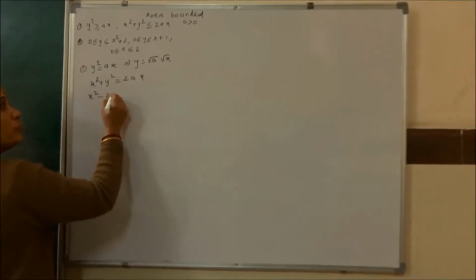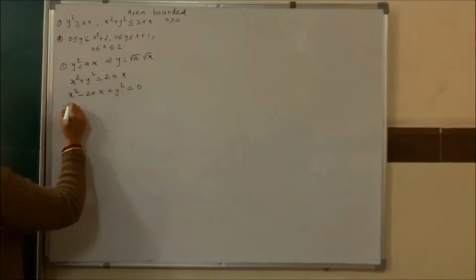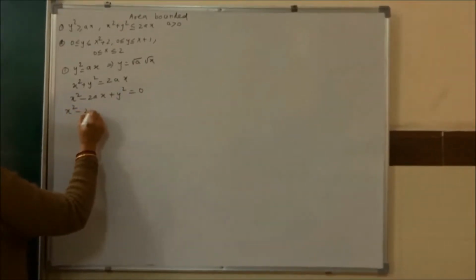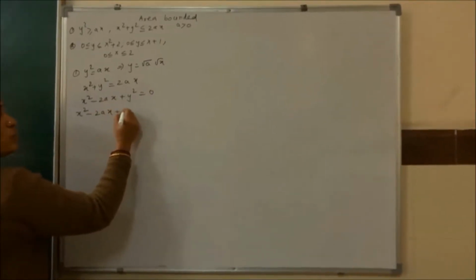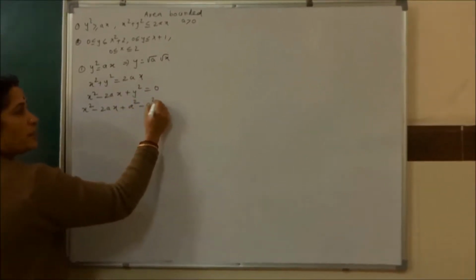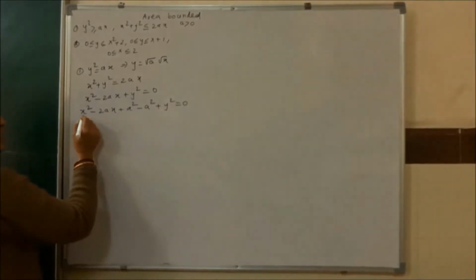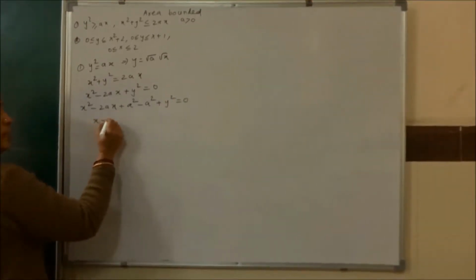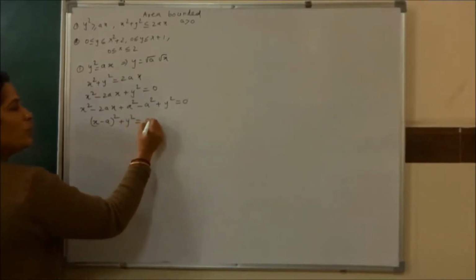So what you have to do is make it a perfect square. That is completion of square. You know how to make it. So x square minus 2ax, take half of the coefficient of x, that is a, so do square, add and subtract. We can write x minus a whole square plus y square equal to a square.